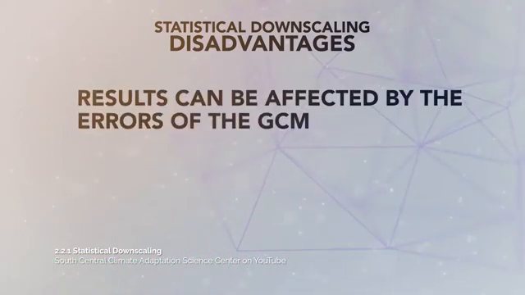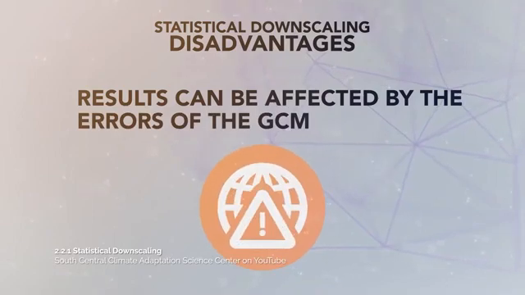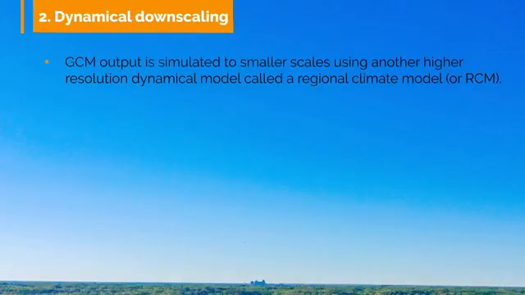Finally, the results from the statistical downscaling can be affected by errors in the GCM, since it does depend on the GCM information being reliable to establish the statistical relationships. If the GCM has errors in a particular region of interest, those errors can spread to the results of the statistical downscaling.